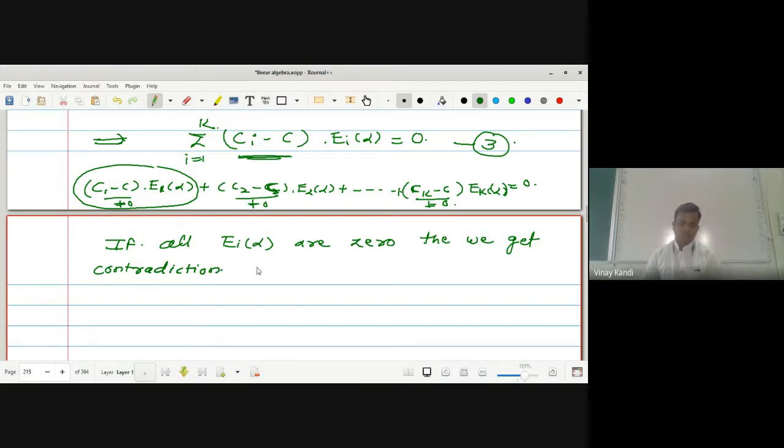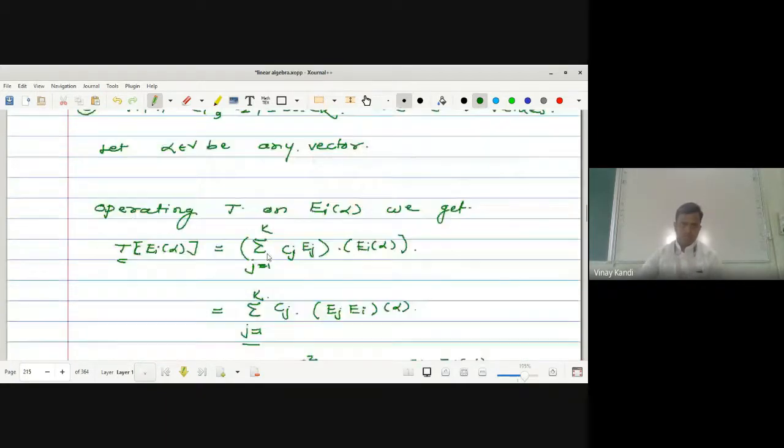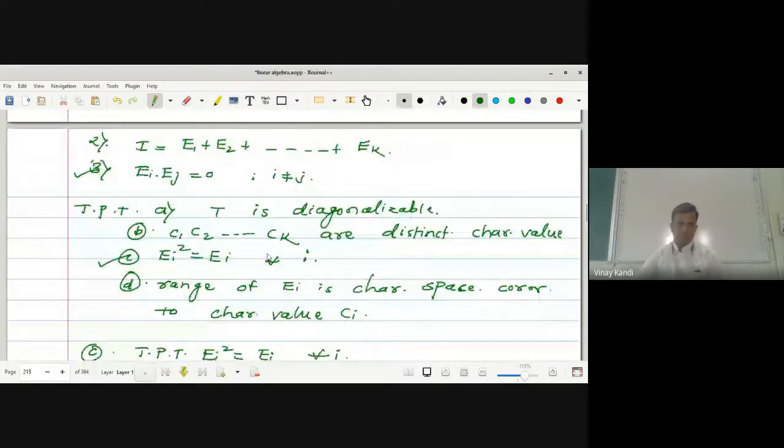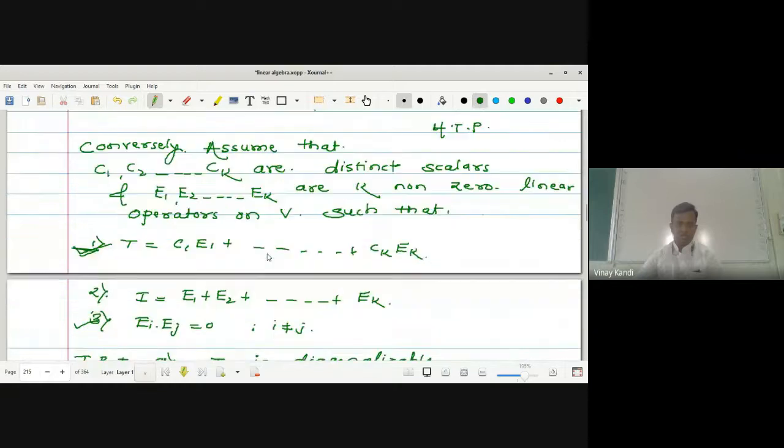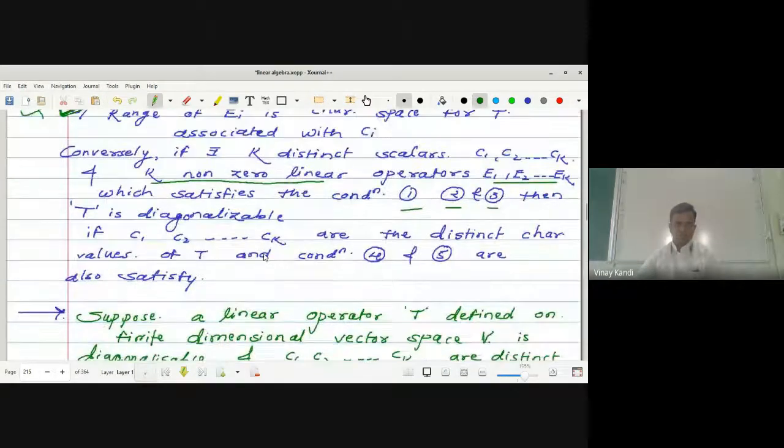Okay, it's number 2. Okay, what is 2? Your Ei is non-zero, isn't it? All Ei are what? Okay, look here. All Ei are satisfying the equation here.